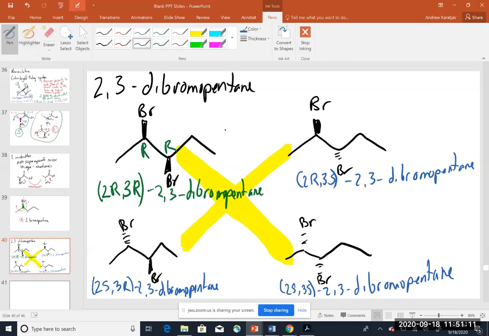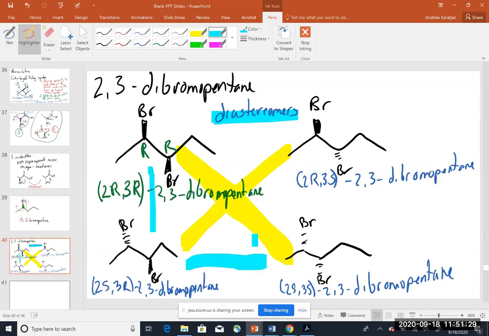But what's the relationship of 2R,3R and 2R,3S? Here we've only changed one stereocenter. So these are what are known as diastereomers. And I'll define that on the next slide. But any of these pairs that I'm connecting with this light bluish colored line are what we would call diastereomers.